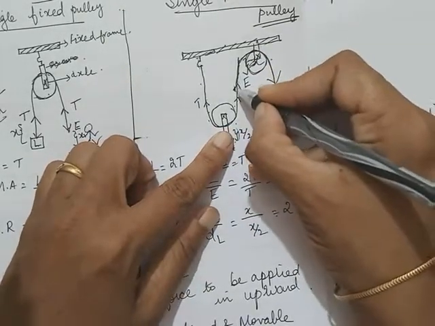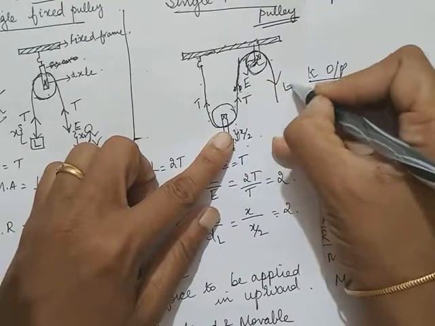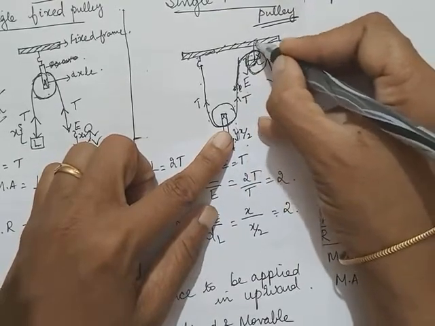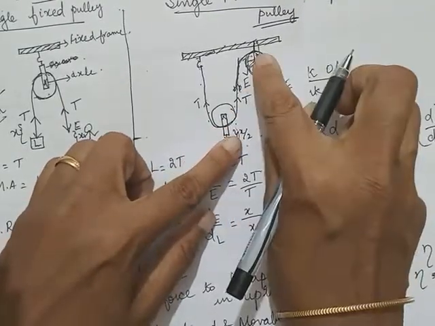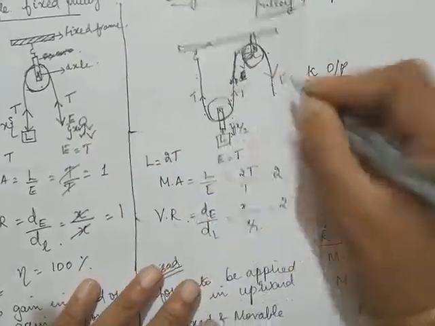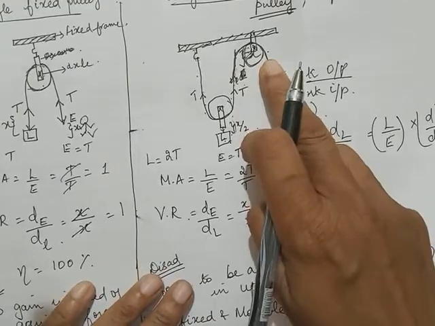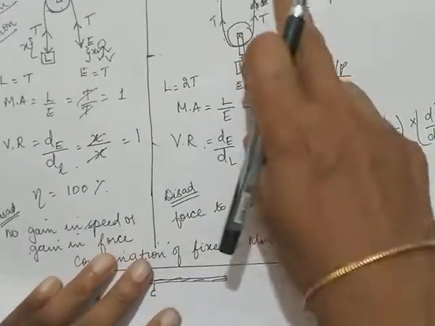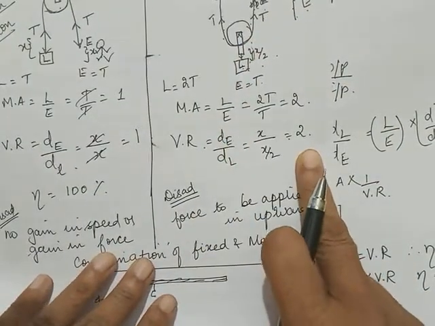The effort which was applied here will come down. So you pass it through another fixed pulley. So this is movable, this is fixed, and then the effort will now be applied here. This is called a combination of fixed and movable pulley. For this also, MA will be 2 and velocity ratio will be 2.